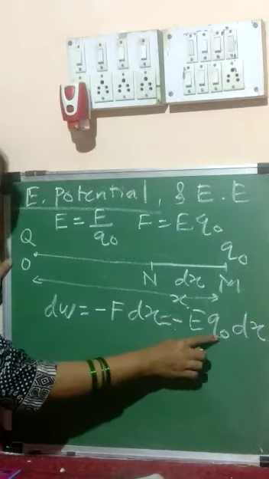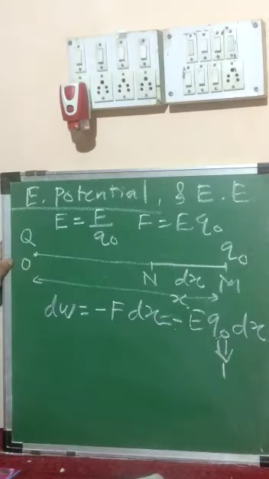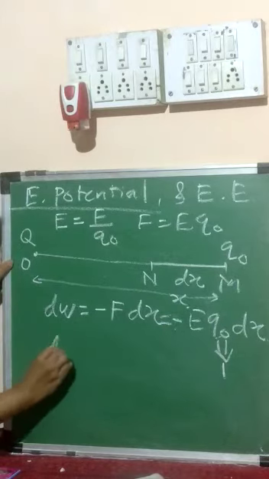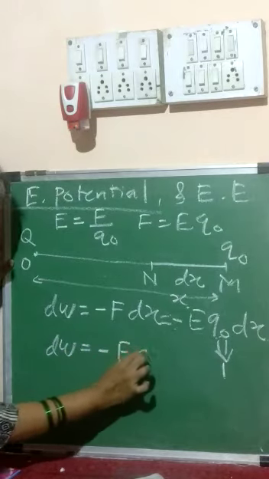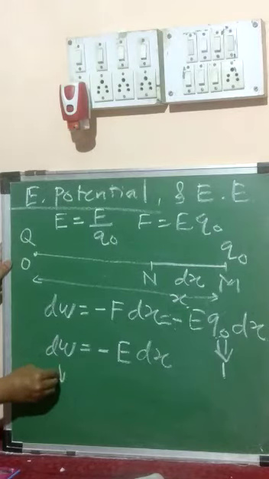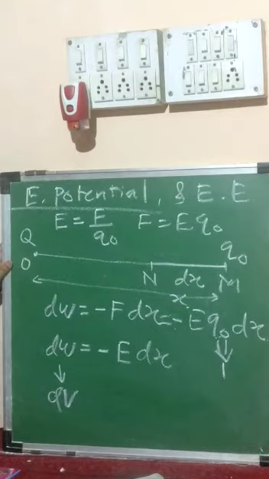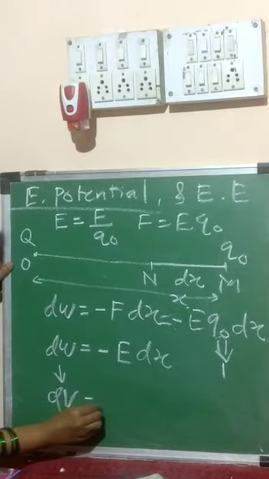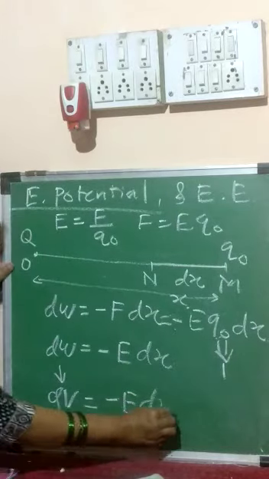Q0 is a charge. If this Q0 charge is a unit positive charge, it is equal to 1. So at that time the work done dW is equal to minus E into dx. And this work done is the electric potential. So instead of dW, I can substitute dV, and dV is equal to minus E into dx.